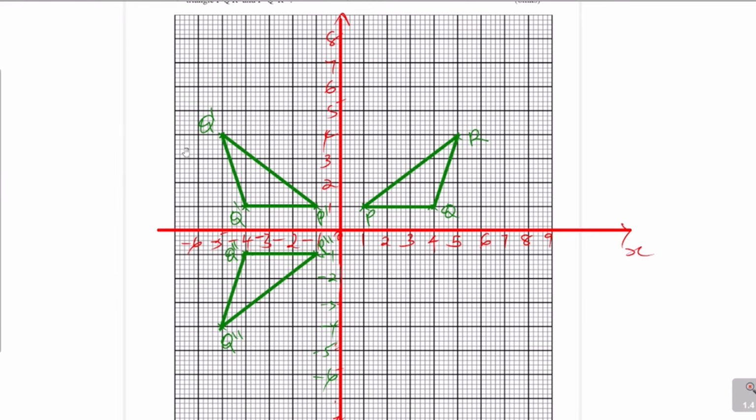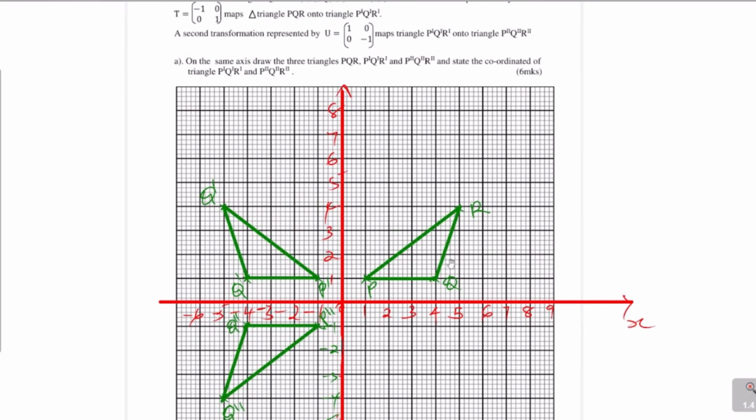So let me go to the other question. After that question, you are supposed to state the coordinates of P prime, Q prime, R prime, and P double prime, Q double prime, R double prime. So the coordinates are as follows. P prime is negative 1, 1. Q prime is negative 4, 1.